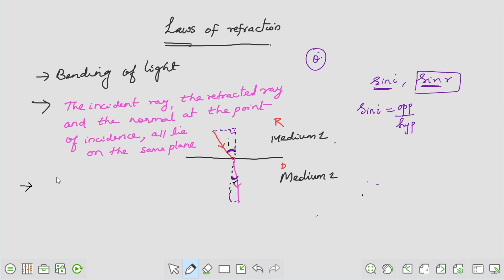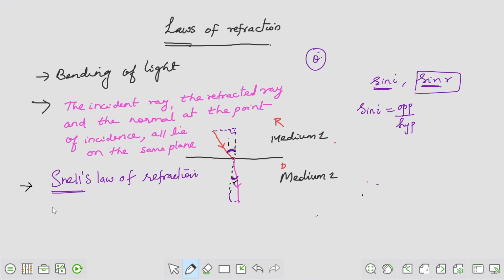Let's understand the second law. The second law is also called Snell's law of refraction. It is named after the scientist Snell, who studied the behavior of light using the trigonometric functions sin i and sin r.